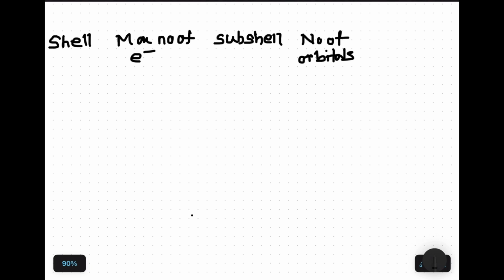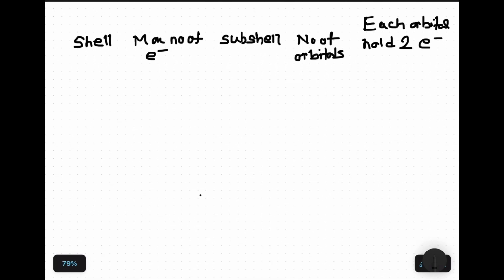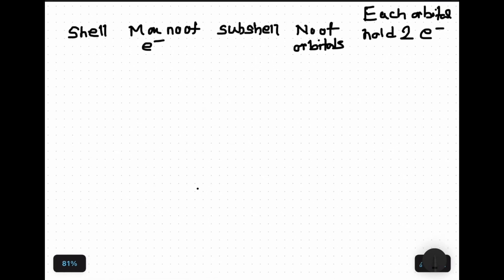And friends, you know that each orbital can hold a maximum of 2 electrons. So here is my table.